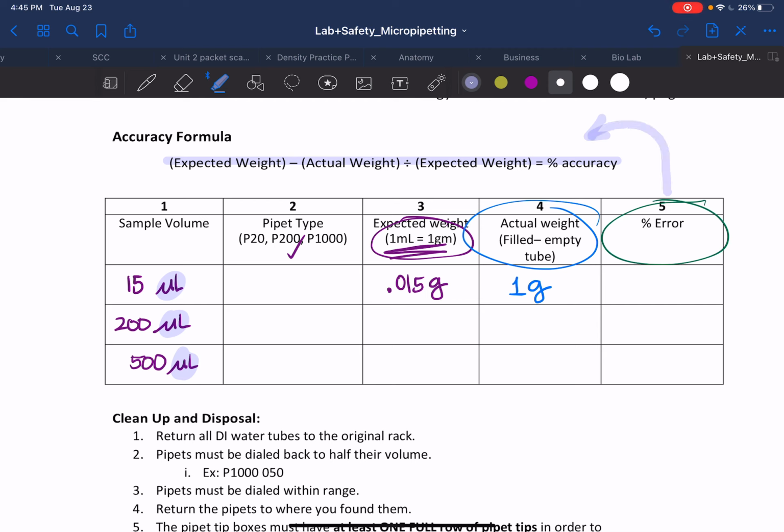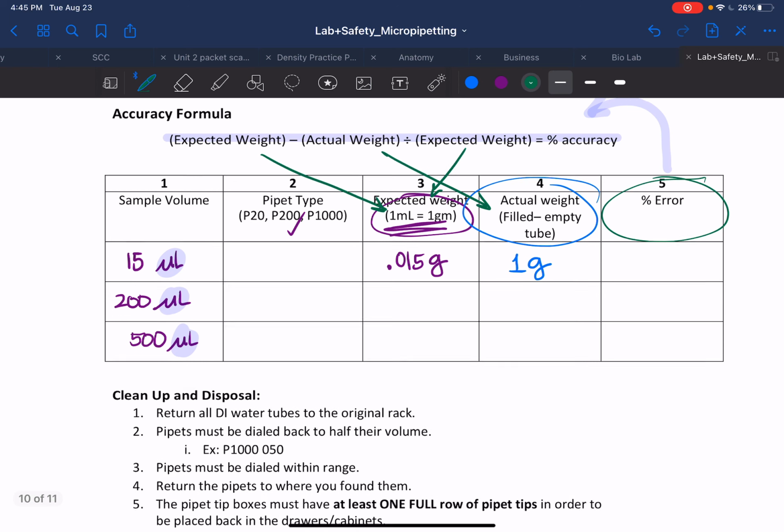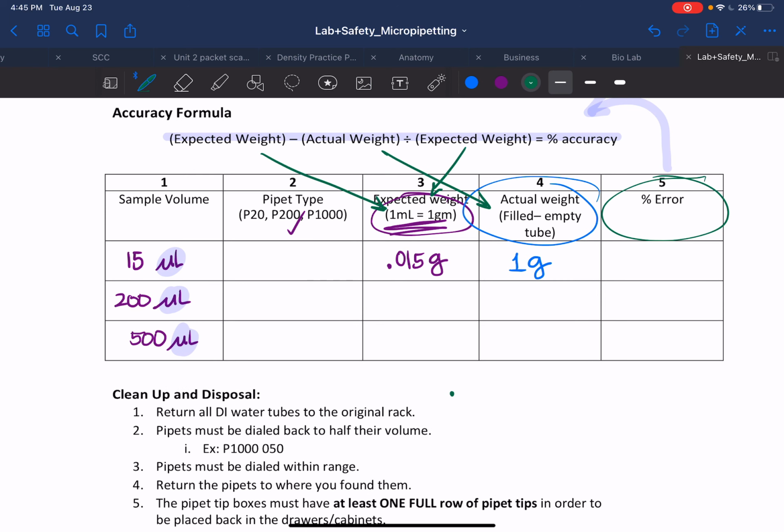So expected weight will be this one right here, whatever number you have for that column, minus actual weight, which is this one, divided by expected weight, which is this one again, right? So if I were to set this up, it would be 0.015 grams minus 1 gram over 1 gram.